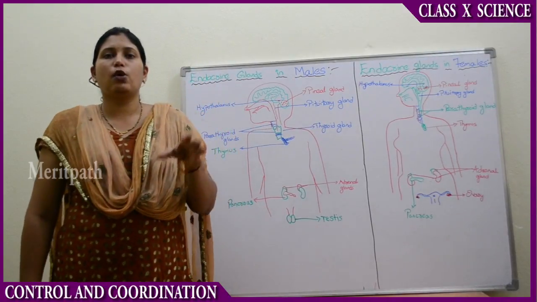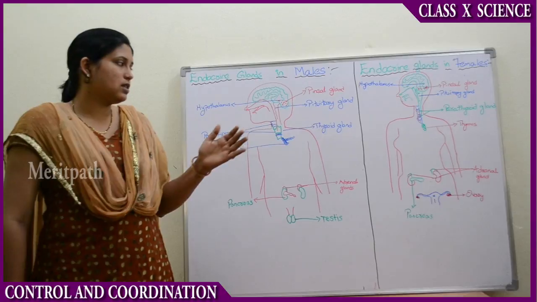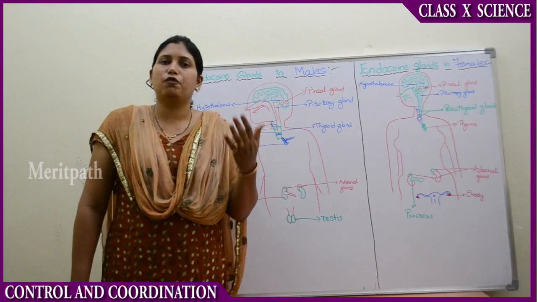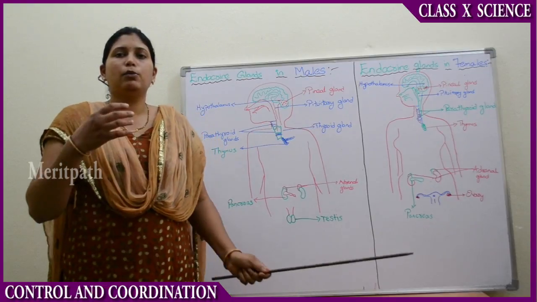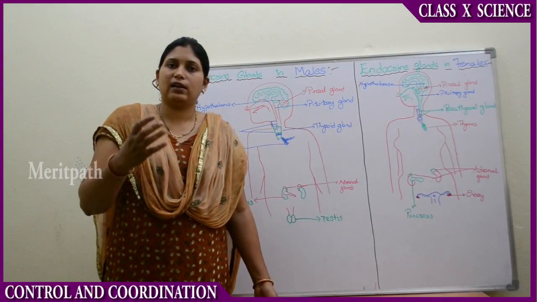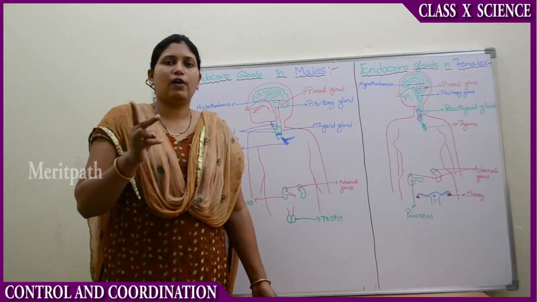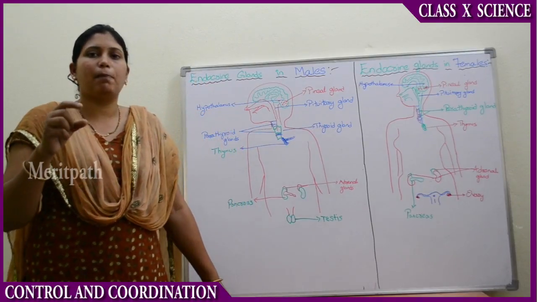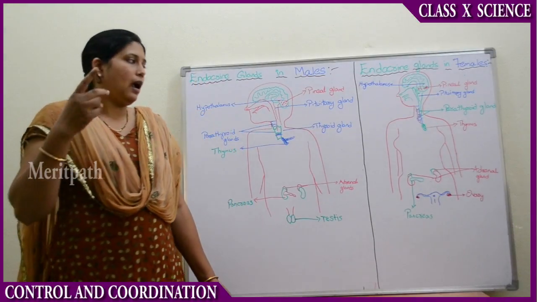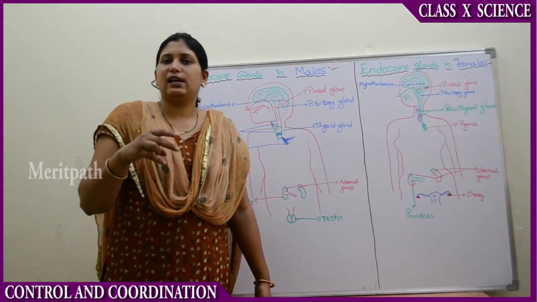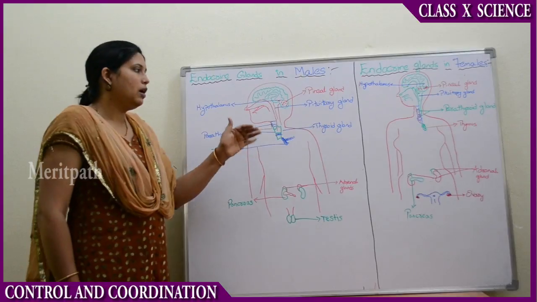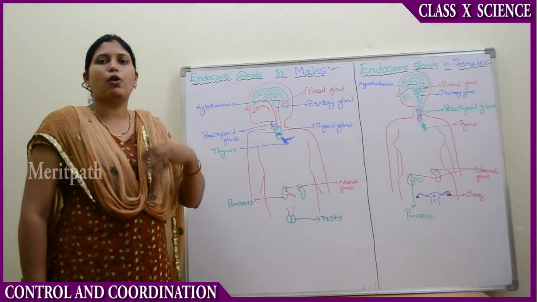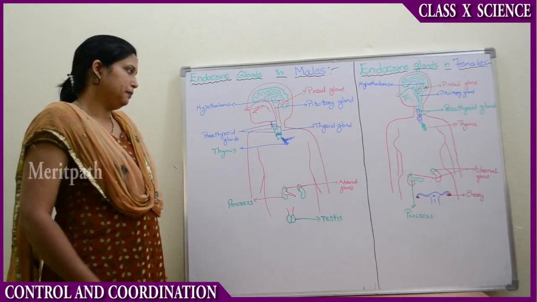The thymus secretes humoral factors at the time of onset of puberty, and this thymus also ensures that good immunity is developed in the body at the time of adolescence. So two functions: it ensures the development of proper immunity, and humoral factors are secreted at the time of onset of puberty. So humoral factors are also about immunity. It ensures that proper immunity is built in the body.